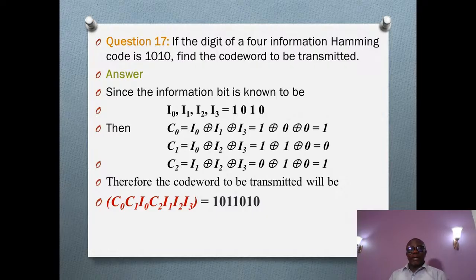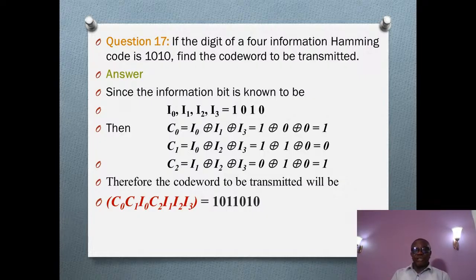The second one, C1, 1 modulo 2 1 is equal to 0, which is the same thing as 1 exclusive or 1, which gives you 0. Also, 0 exclusive or 0 gives you 0. You can see why C1 there is 0.